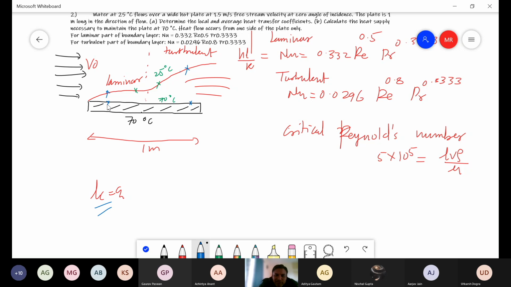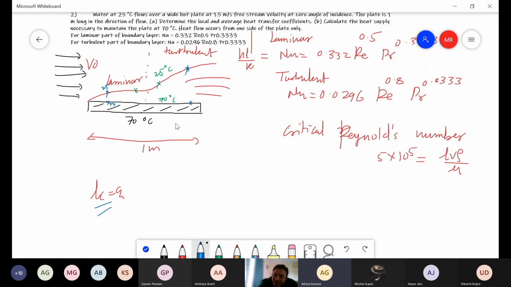Here also it will be 25 and here it will be 70. So between these two points there will be a distribution of the temperature. The same is going to be there here and here. I am saying the temperature will be between 25 and 70 between these two points along the same vertical plane. Yes or no?